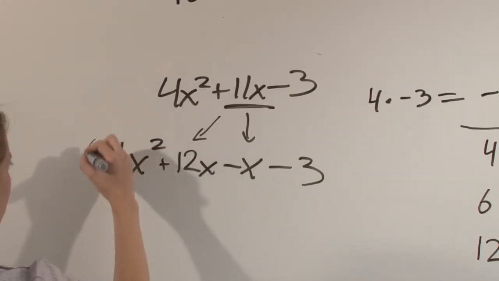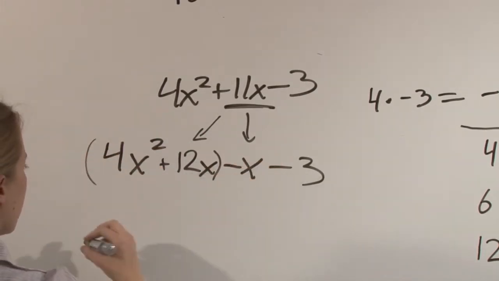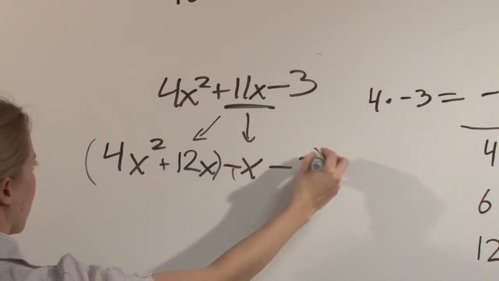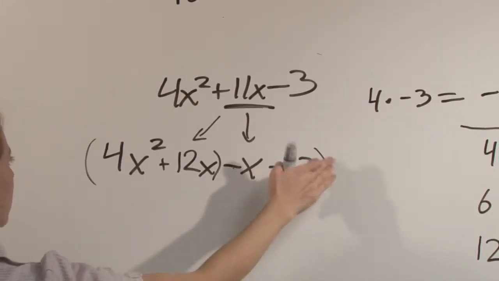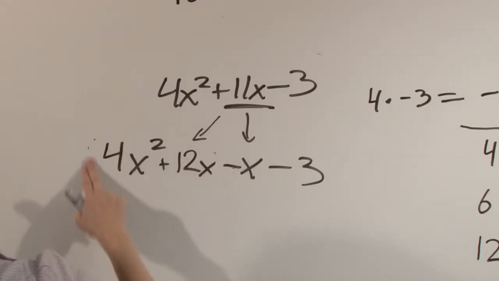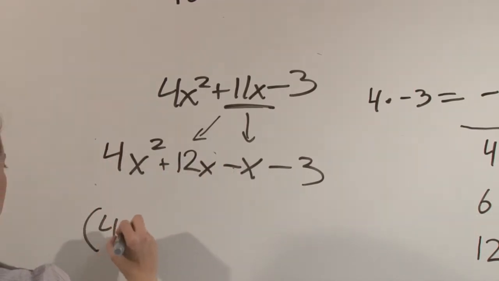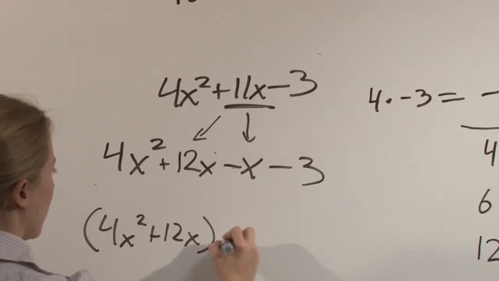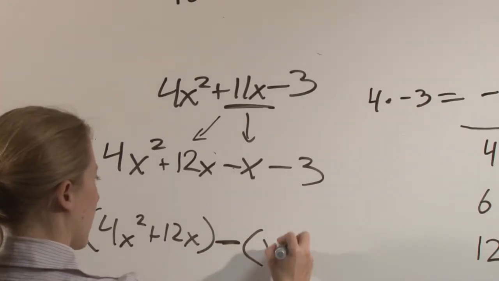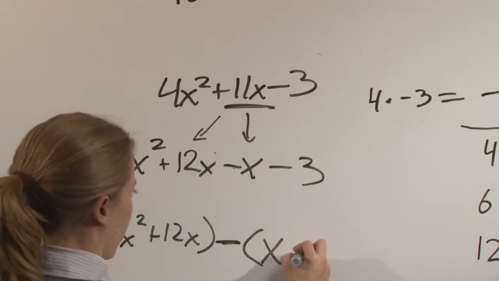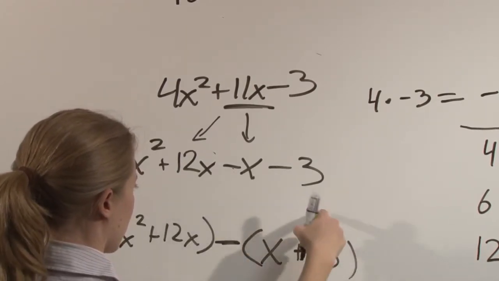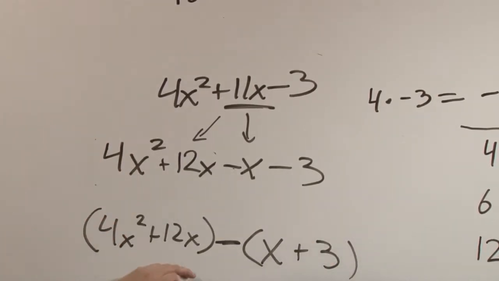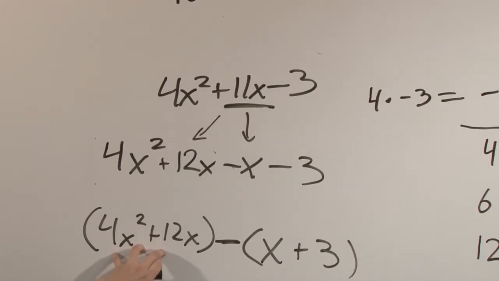So I'm going to group these guys together, and these guys together, but I won't put the parentheses there yet. So first I'm going to take 4x squared plus 12x. Now, since I have a negative sign here, I have got to pull out negative from both of these, x plus 3. So now I'm going to look for the GCF of this group.